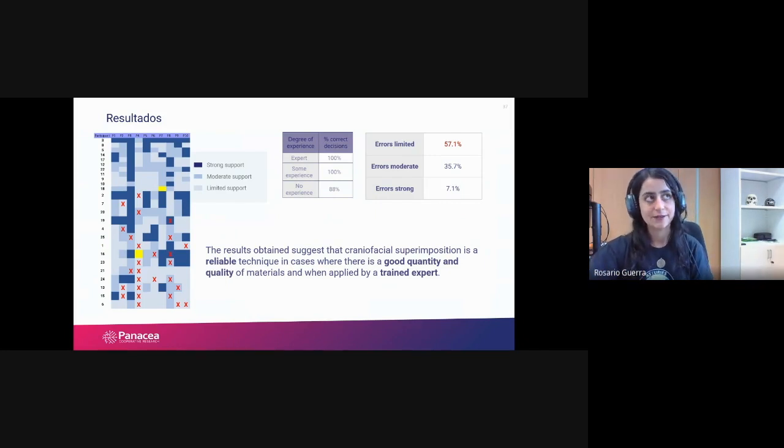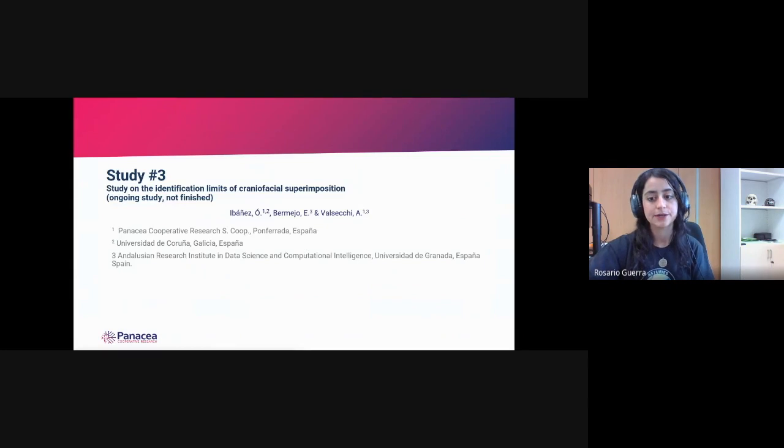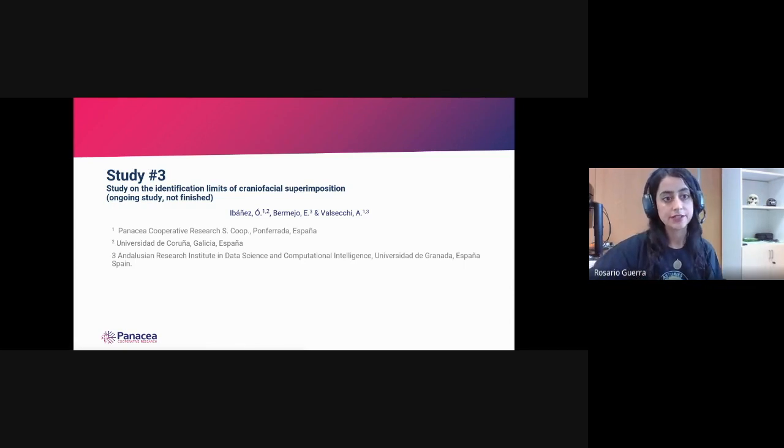This is not per se a validation study, but more some experiments that have been run in collaboration between Panacea and the universities of Granada and A Coruña, trying to find the theoretical limits of this technique.